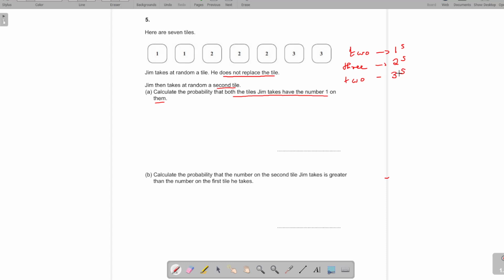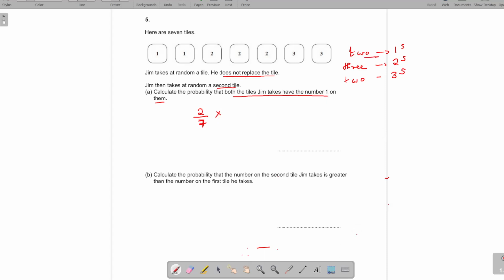So he doesn't replace it, right? So first time taking a 1 is 2 over 7 because you got 7 numbers altogether. 2 over 7. So if he has taken already the 1, the number has gone down.